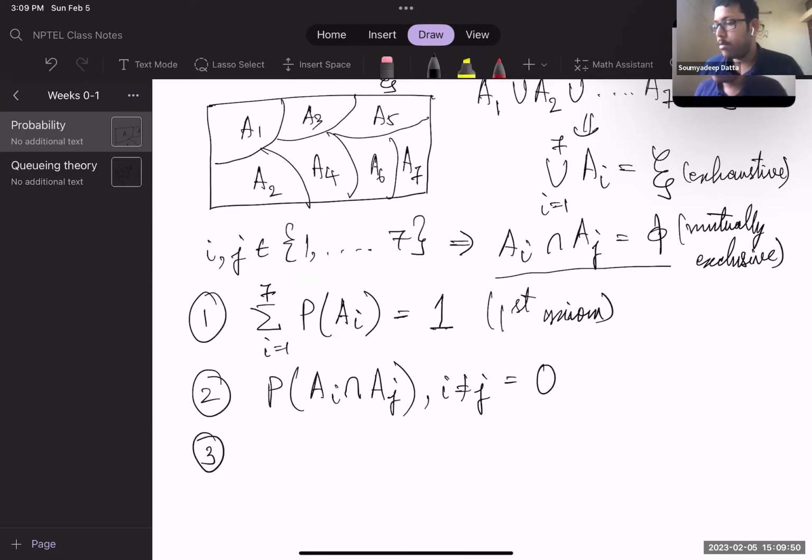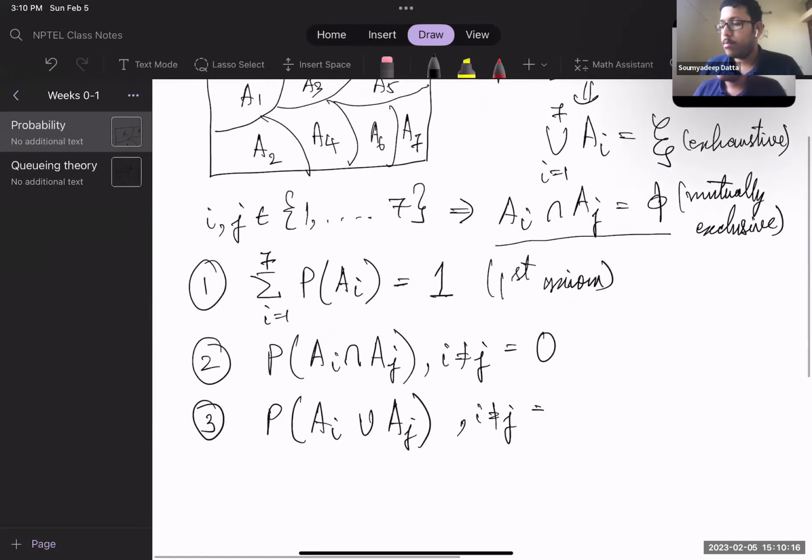The third property is that since these are mutually exclusive, what will be P of Ai union Aj, whatever be the value of i and j, with i not equal to j? This should be P of Ai plus P of Aj.